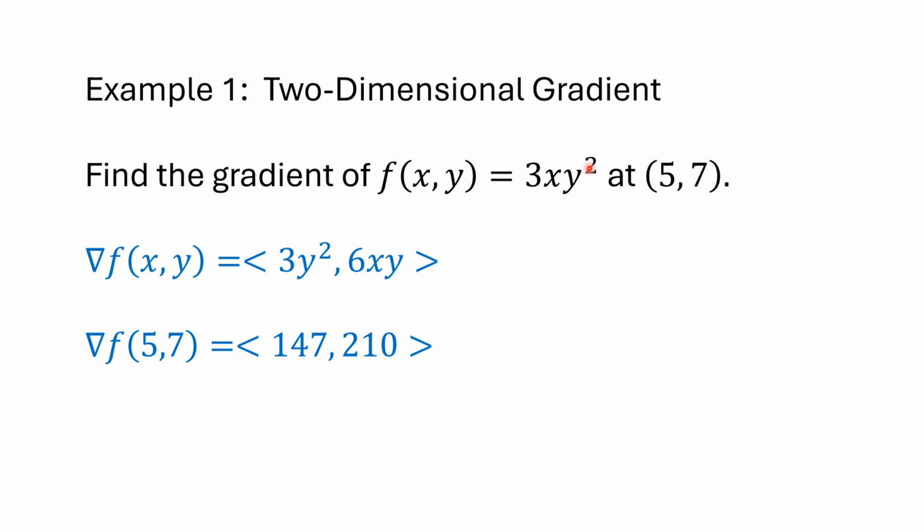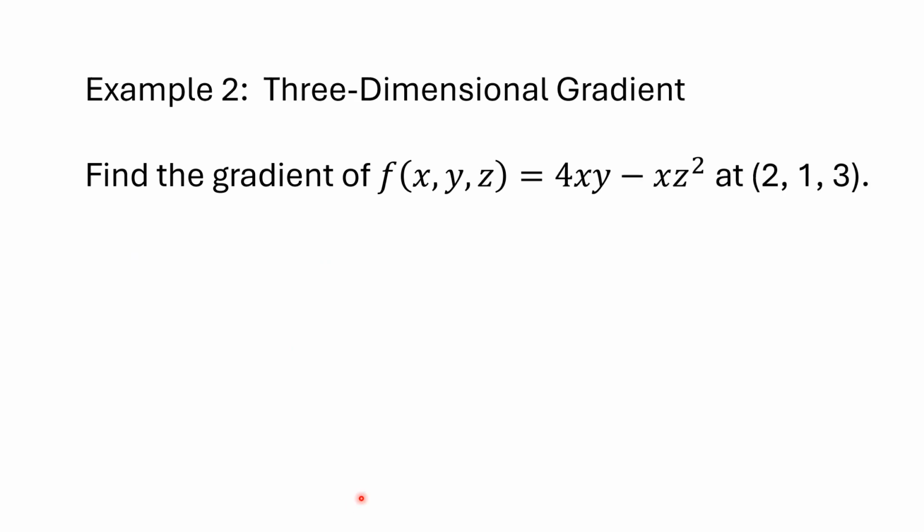The partial with respect to y is 2y. So we got 6xy. And then we can just plug a value in, and we have the gradient at that point. This being a nice, useful formula where we can plug any point in, and this is just to give you a specific.